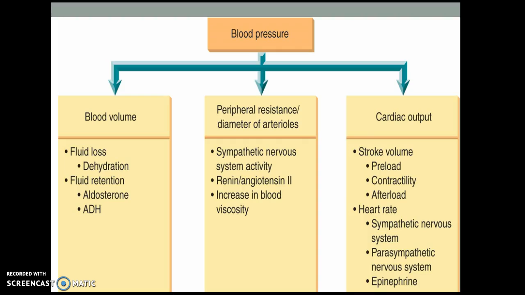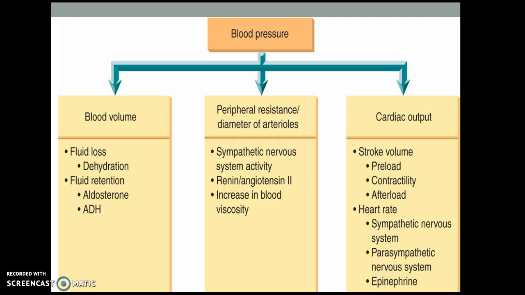The second thing that goes into blood pressure regulation is peripheral resistance, or the diameter of the arterioles. Other places you may see this referred to as systemic vascular resistance, or SVR, or you may also see it as afterload. And you'll see that afterload is actually in the third column as well. Things that affect the diameter of your arteries and your arterioles are your sympathetic nervous system.